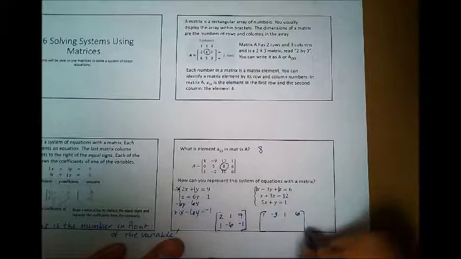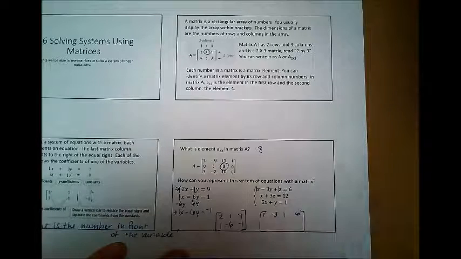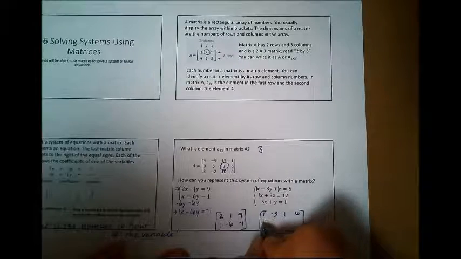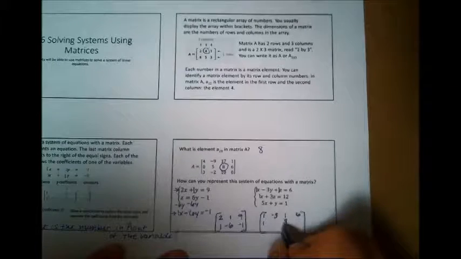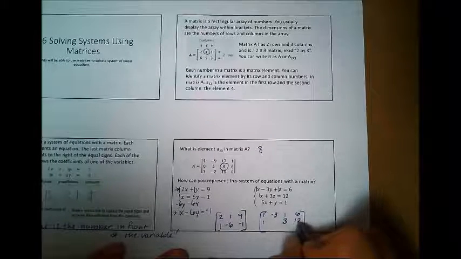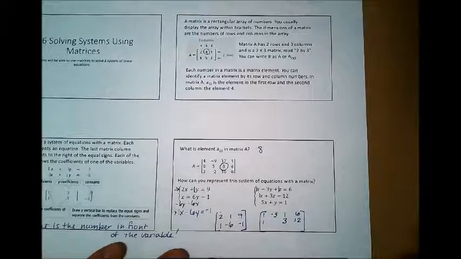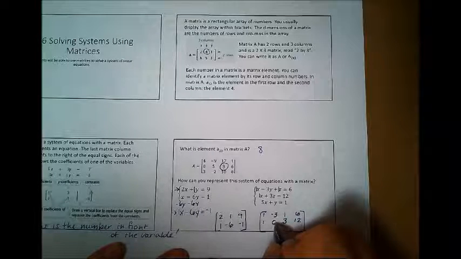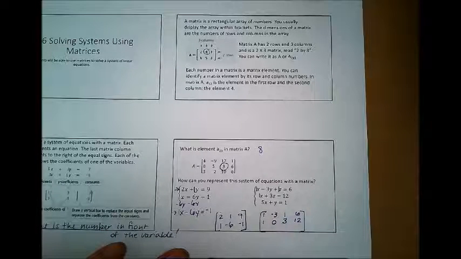Hopefully everybody just got that. The second equation, we have 1x, and 3 z's, and a 12. How many y's do we have? Why, we don't have any. We have 0 y's.